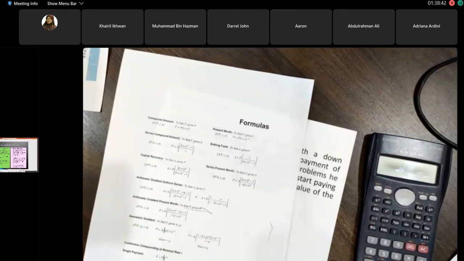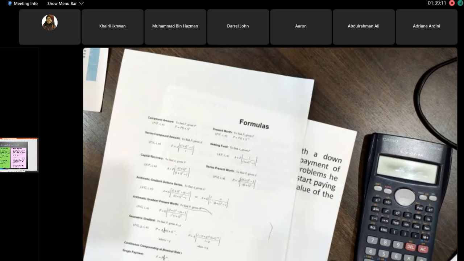Let's say you want to find out what is P here. This statement mentions that at year 10, you have the investment cost with the value, let's say, 10,000.